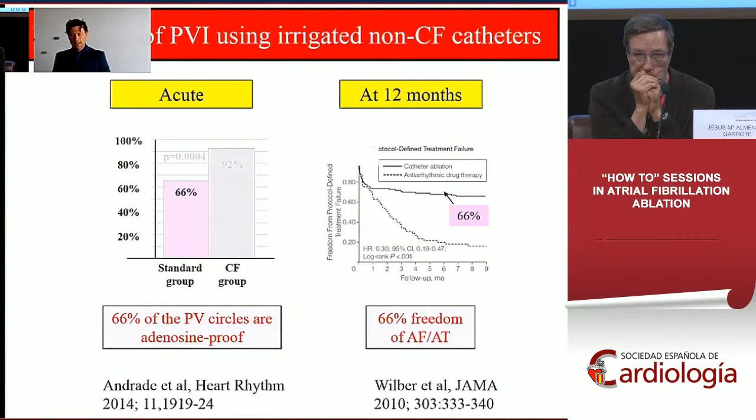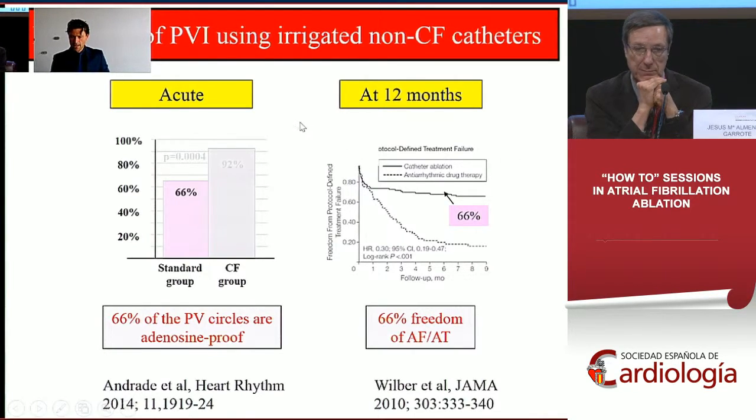Let's start with the irrigated catheters. The irrigated catheters have an acute durability, meaning acute testing of PV isolation durability with adenosine, of 66%. So acutely with irrigated catheters, non-contact force, 66% of the veins are proof to injection of adenosine.